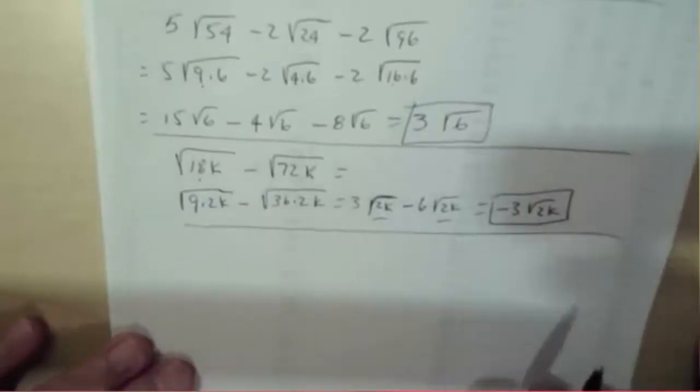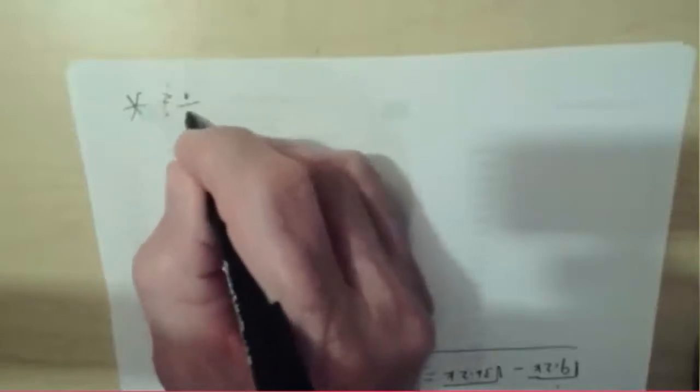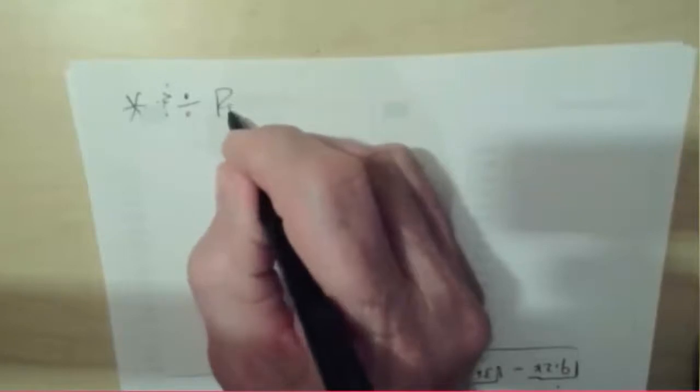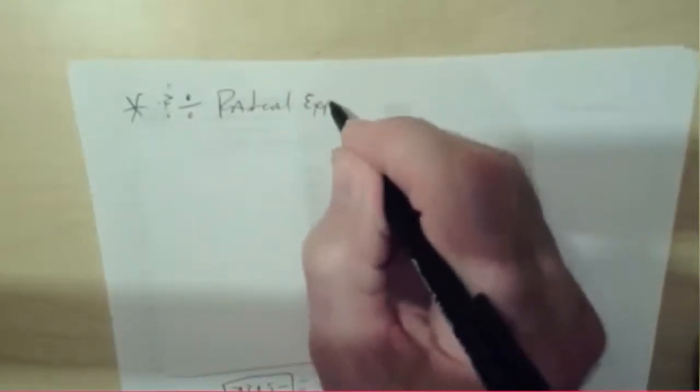Okay. Now, got that. Now, we're going to go on to multiplying and dividing radical expressions.